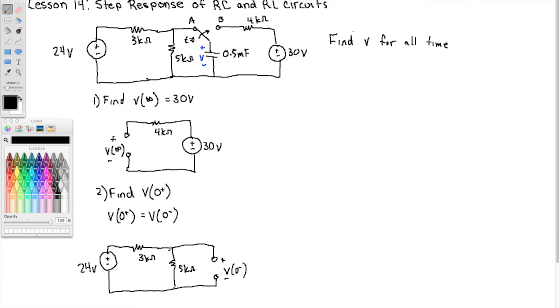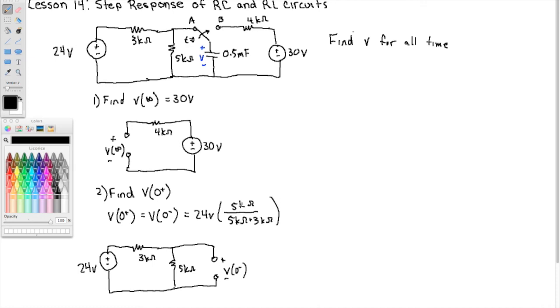So the voltage here is the voltage across the 5 kilo ohm resistor. So we can get that with voltage division quickly. Right, so this is 24 volts times 5k ohms divided by 5 kilo ohms plus 3 kilo ohms.